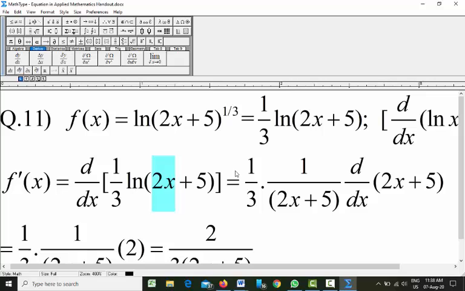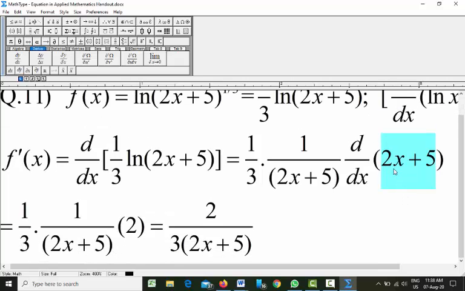If you do differentiation of 2x, you will get only 2. And if you do differentiation of the constant, we will get 0. So we will get only 2 there.